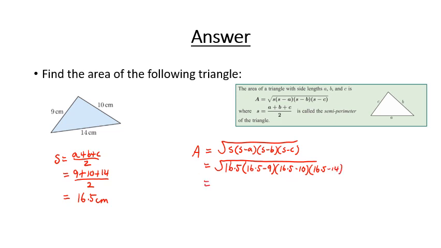So that will give us 16.5 times 7.5, 6.5, and 2.5. So we'll work out what all that equals.